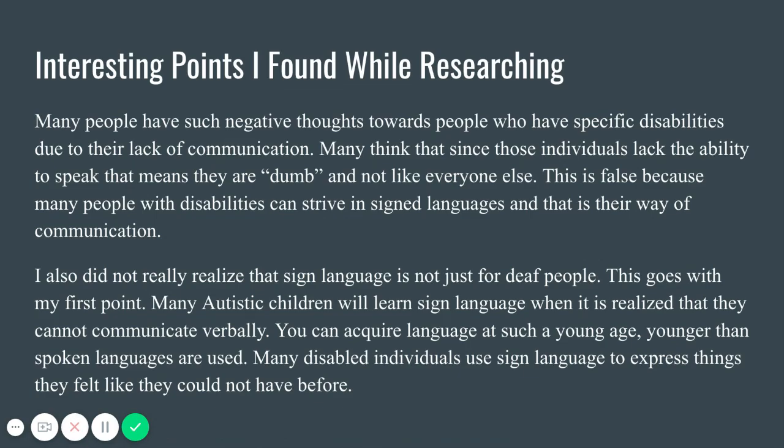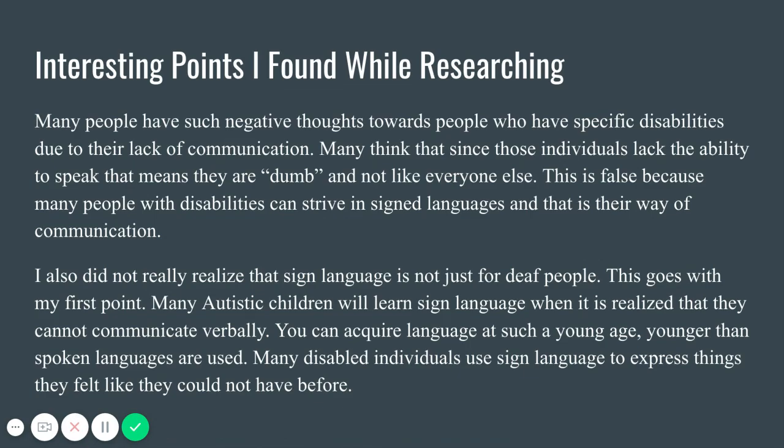So basically, what I meant in this whole slide was that people who cannot really communicate on their own, for example, like I said, autistic children, they cannot communicate sometimes, depending on how severe their situation is. Sometimes they just cannot communicate, but their mental ability to thrive in communication is still there.